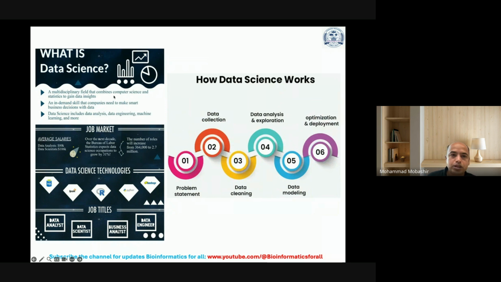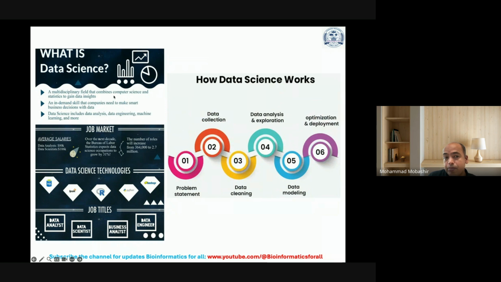If I'm not talking about the salaries in India, but in developed countries, data analysis jobs have really high salaries. For example, 80,000 US dollars per annum is the lowest salary, and 106,000 per annum is the salary for data scientists.